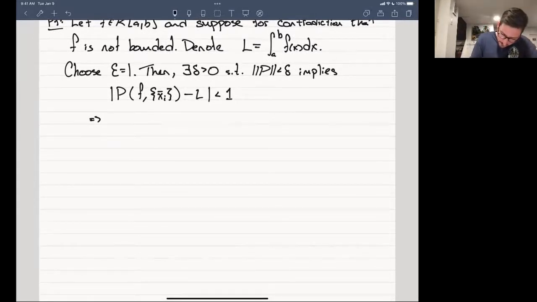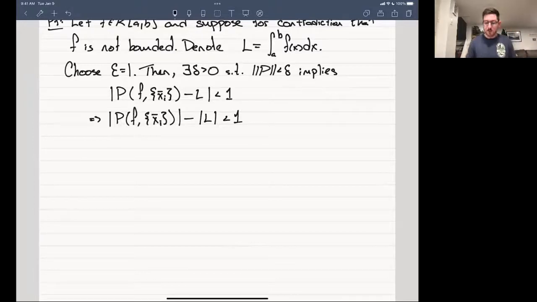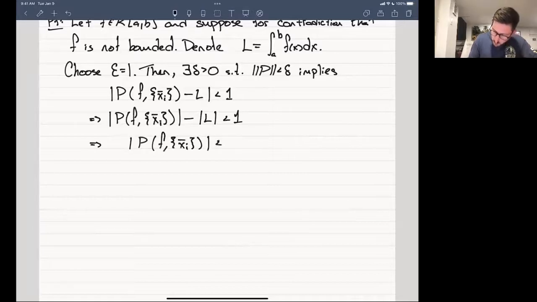So I can say that this is the same as having this right here. So I can slap absolute values around each one of those and distribute over the subtraction here, which tells me that the Riemann sum is bounded above by no more than 1 plus the actual value of the Riemann integral.